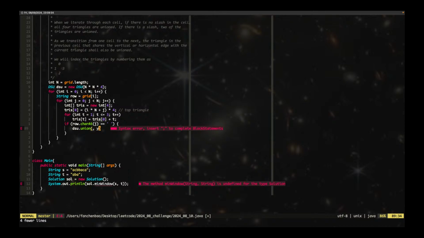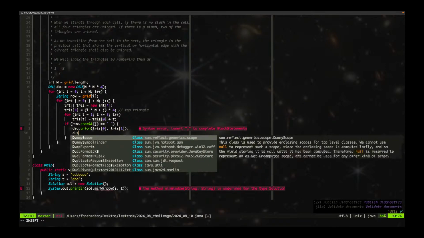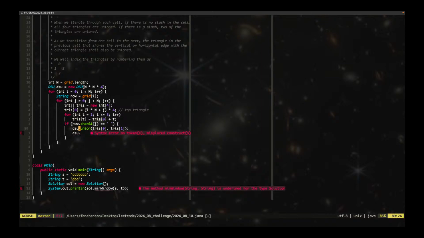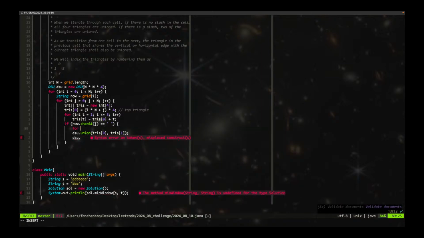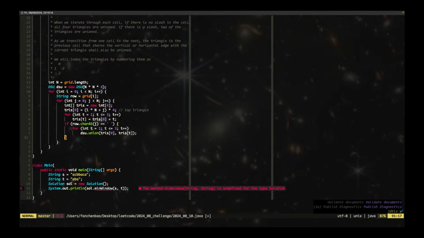So once we're done, if it's this, then we will do all of them: tris 0 with tris 1, 0 with 2, and 0 with 3. Yeah. So we can say for, again, int t equal to 1, t smaller or equal to 3, t++, then dsu.union tris 0 and tris t. By doing that, we're good.